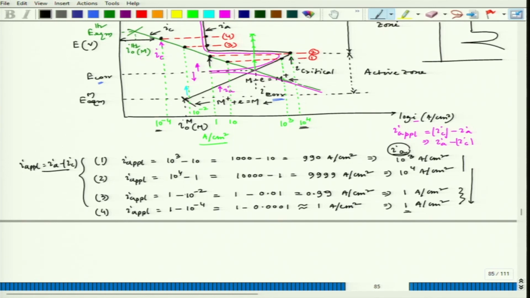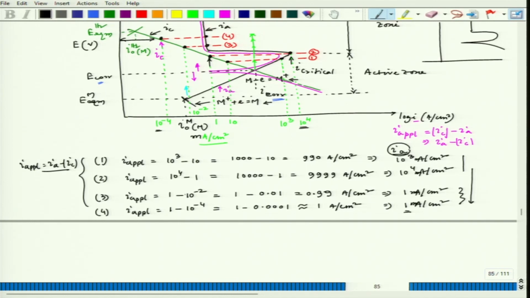I have just given an example. So, this value would be of the order of milliampere. So, let us say instead of ampere I put milliampere. Even if it is milliampere, still 10 to the power 4 is a very big current density.